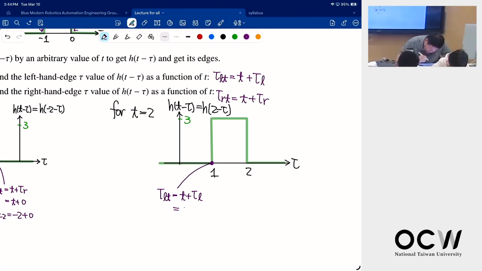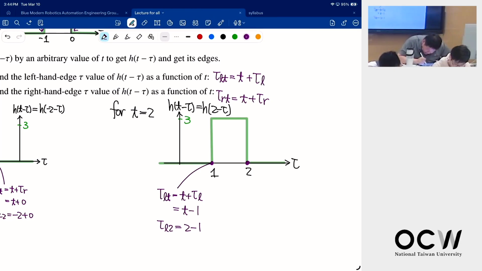Now t is 2, and tau left is minus 1, so it's t minus 1. So when we have t equals 2, we have 2 minus 1. That's why we have 1.